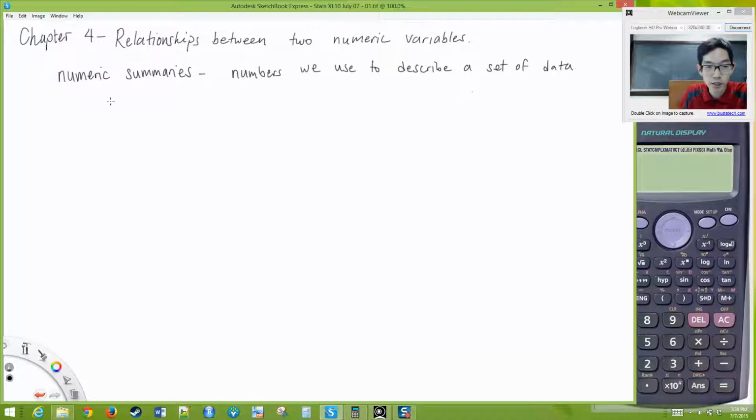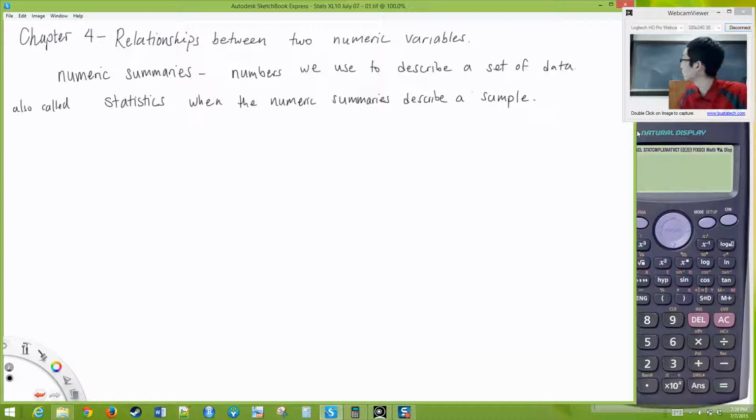Also called statistics. When the numeric summaries describe a sample. Okay. Again, what is a sample?